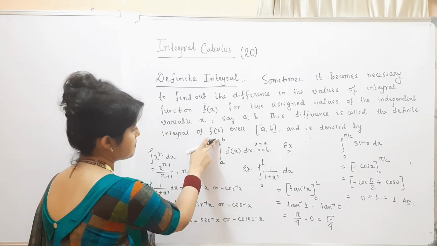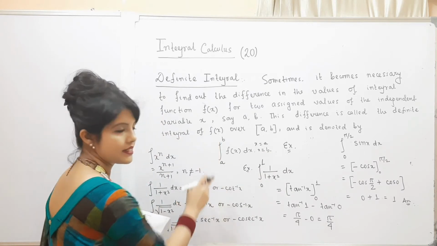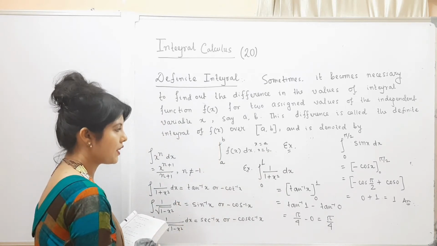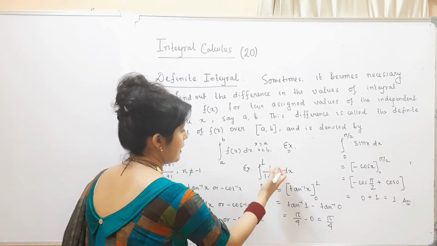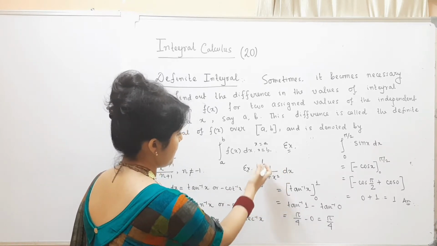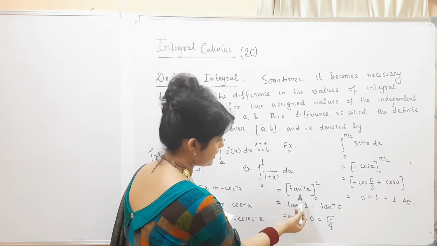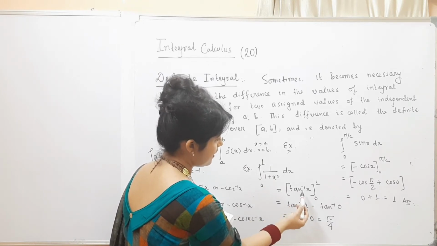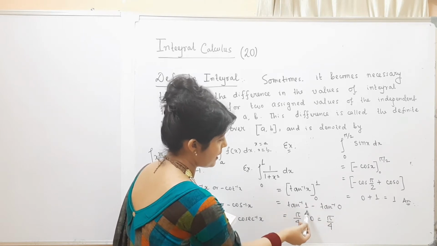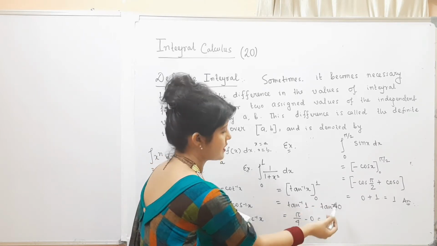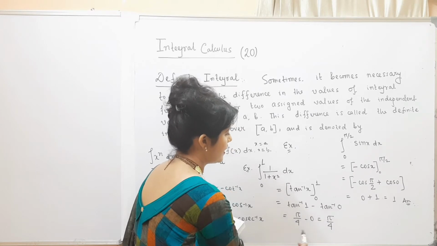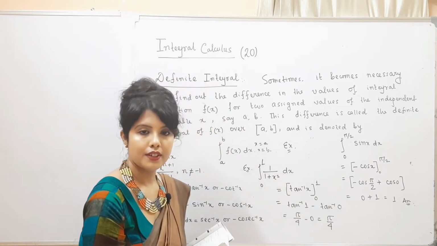This b is called the upper limit and this a is called the lower limit. The result is the value of the function at the upper limit minus the value of the function at the lower limit, and it will give you the desired result.